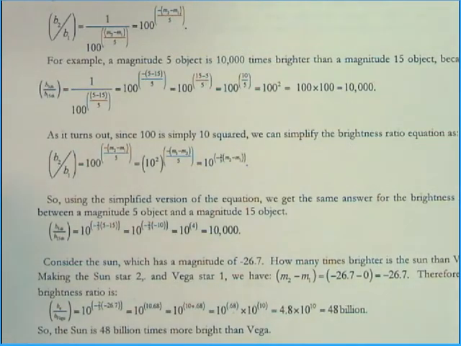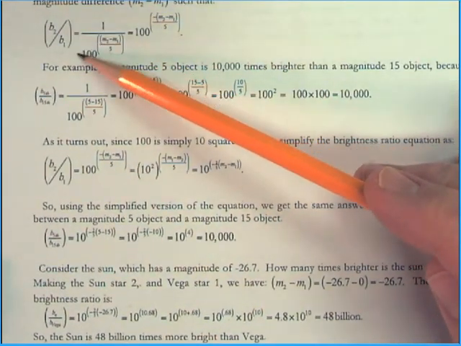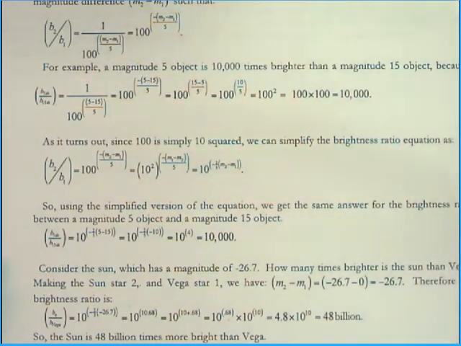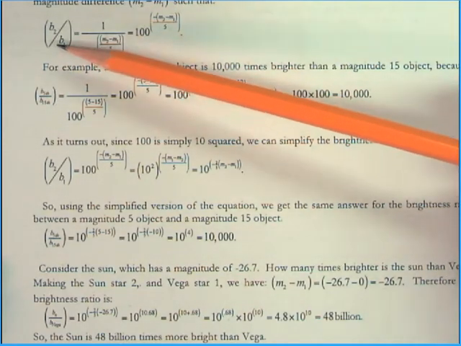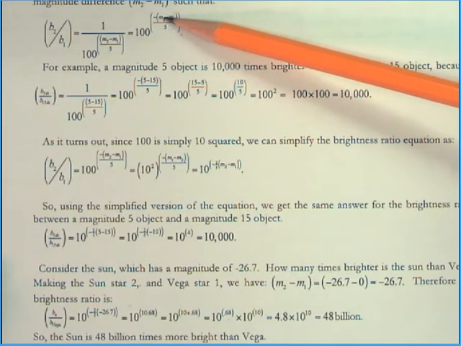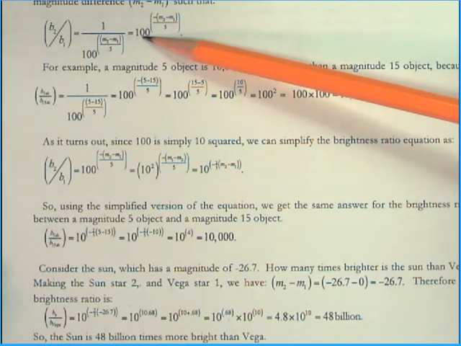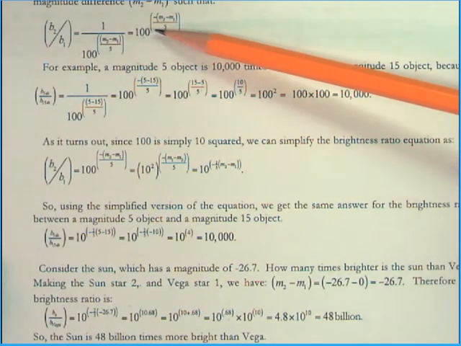Now, our goal was to find the ratio of brightnesses. And as you can see, if we come back to the formula we had before, B2 over B1, we can write as a function of the two magnitudes. So I'm going to copy this over on the other page, and then we'll start filling it in.